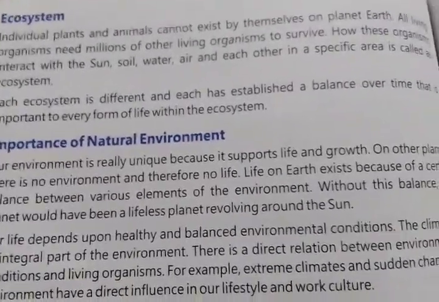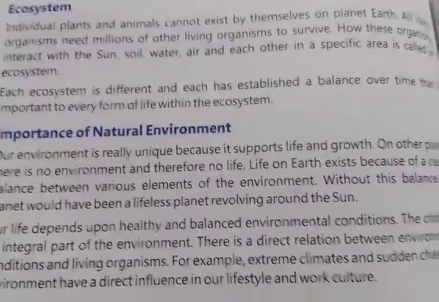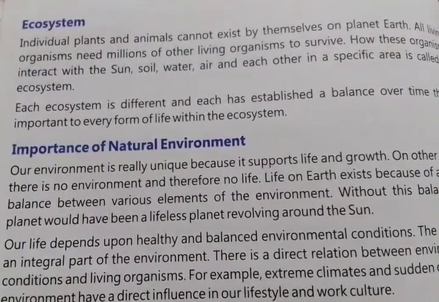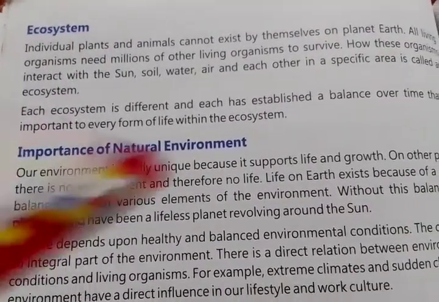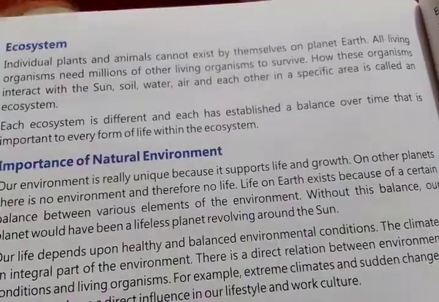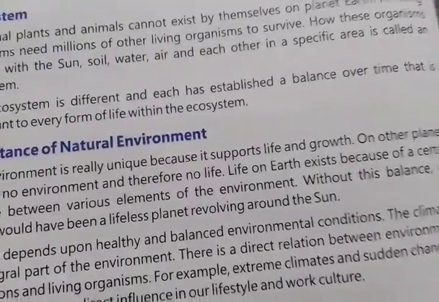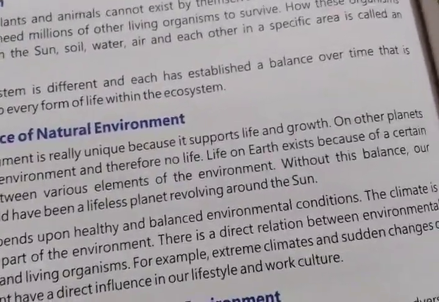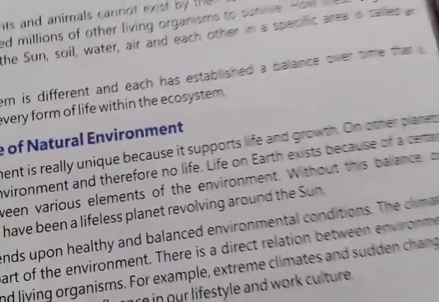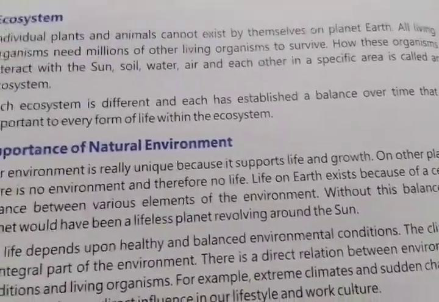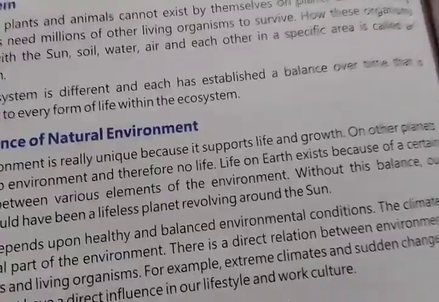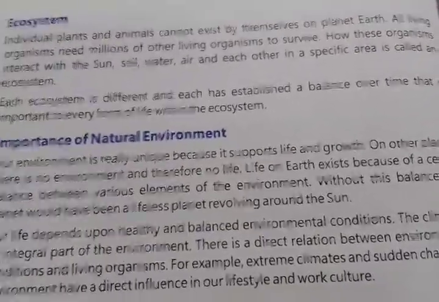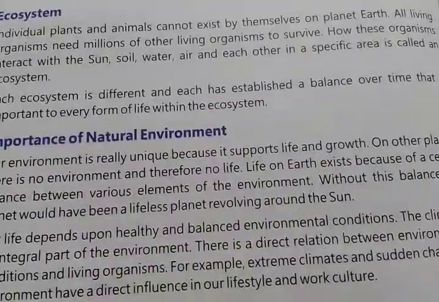Now, what is an ecosystem? Individual plants and animals cannot exist by themselves on planet Earth. All living organisms need millions of other living organisms to survive. How these organisms interact with the sun, soil, water, air and each other in a specific area is called an ecosystem.